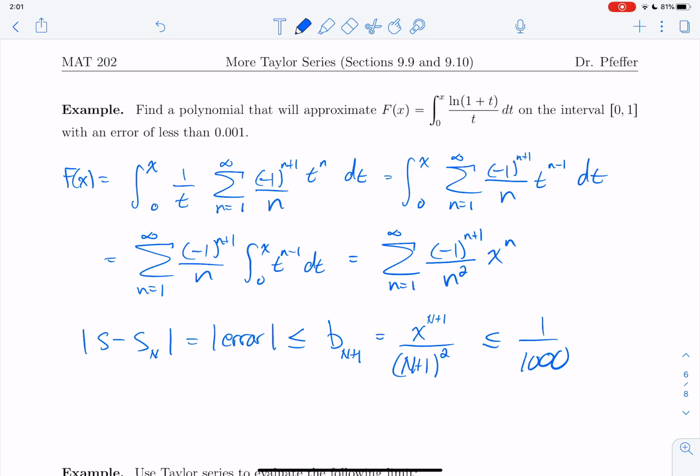And so the question here becomes, as long as my x value is between 0 and 1, what capital N value makes this inequality true?